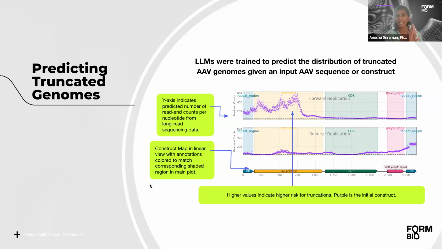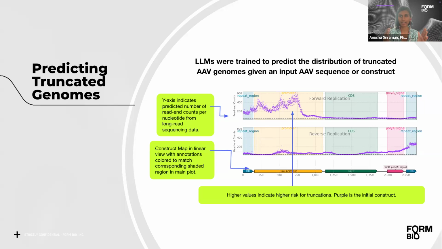Okay, so now let's take a closer look at how FormSight AI predicts truncation risk, which is a key challenge in AAV vector design. So in this graph, on the x-axis, we have all the different vector elements listed. In this case, we have a vector that contains the CAG promoter and the EGFP CDS. And on the y-axis, we have the read end counts.